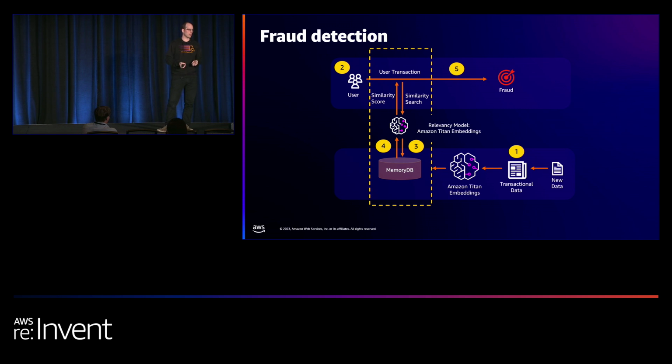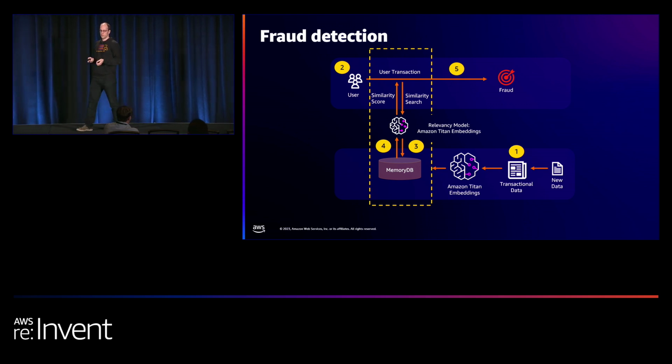In real time, as customers do new transactions, either in a bank, credit card, or retail type application, you can compare the new transactions with the vector history of the transactions and calculate the similarities between them. If they're not similar, you would reject the transaction. If it's similar and matches the historical pattern, you would accept it.